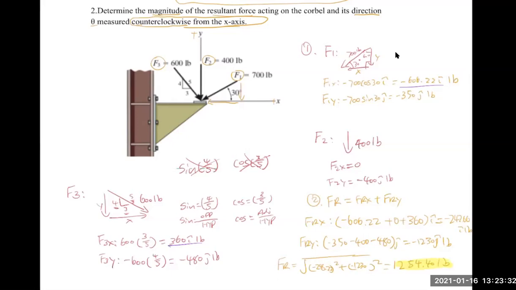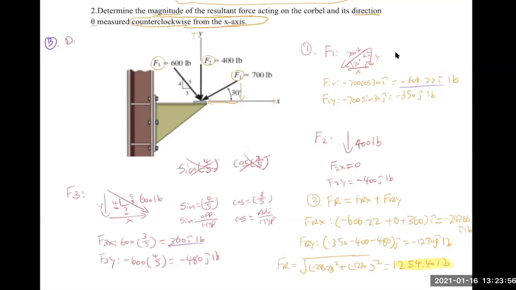So this is the answer to the magnitude of the resultant force. And let me just write it right here so we can find the direction and the angle measured.